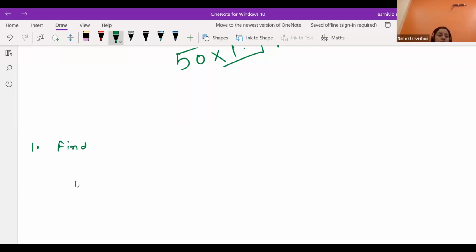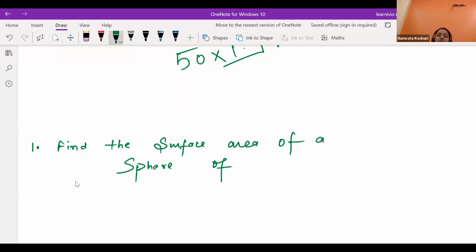Find the surface area of a sphere of radius 10.5 centimeter. We have just discussed the formula for the surface area of a sphere: 4 pi r square. We'll use the formula and find the surface area of this sphere. Please find it and tell me what you get. Please do it now.